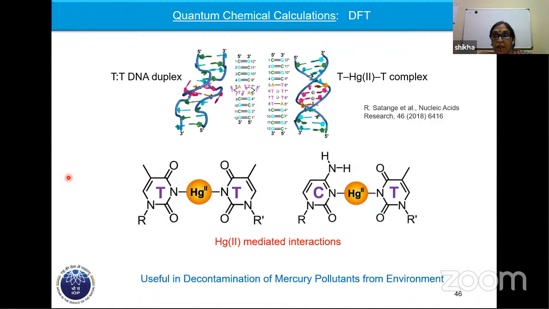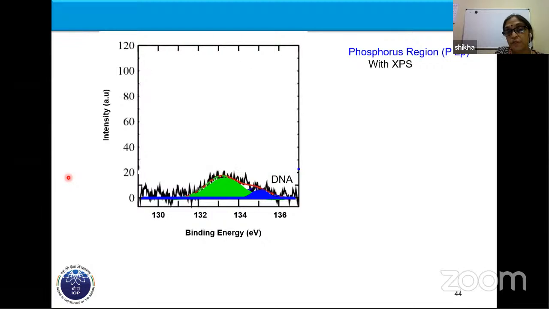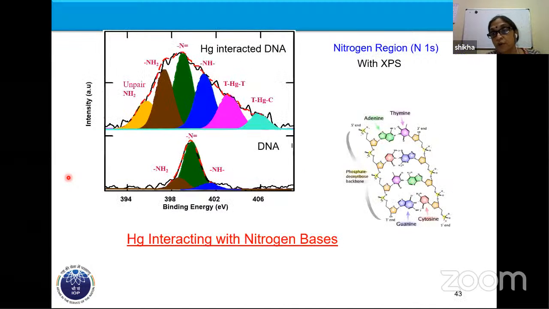We are just, at room temperature, interacting the DNA with the mercury and leaving it on the surface for 24 hours and then imaging them. And even if we image it after a couple of weeks, we see the same things. And in the case of XPS, even though the X-ray has been bombarded on these surfaces, we are seeing this in spite of that. So that shows that these are very stable.